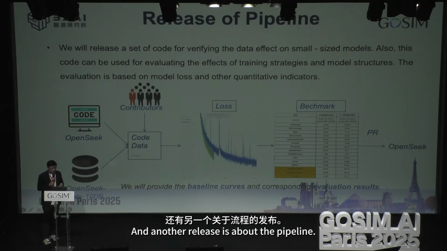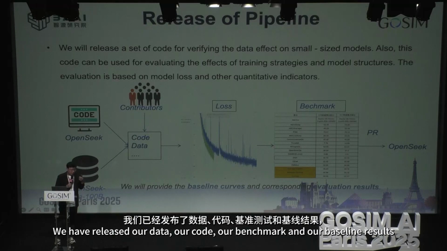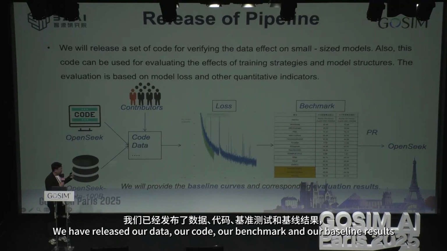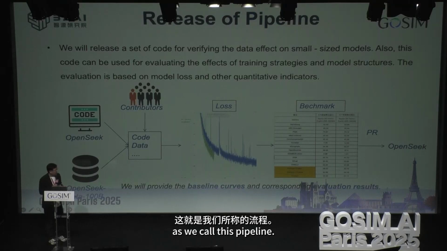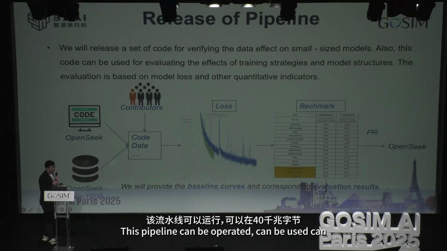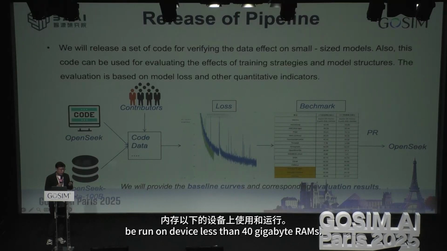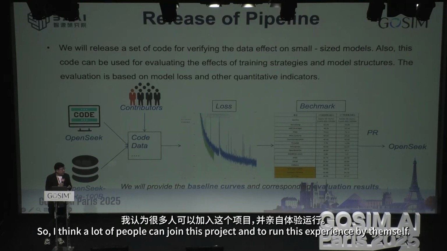And another release is about the pipeline. We have released our data, our code, our benchmark, and our baseline results, which we call the baseline pipeline. This pipeline can be run on a device with less than 40 gigabytes of RAM.